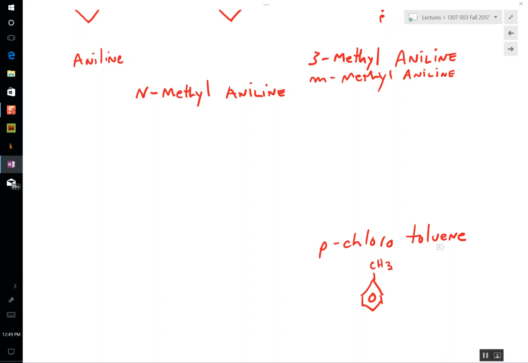Para means there's a chloro group, not a chloride, right there. This is the ortho, meta, para position. It's a little sloppy, but ortho, meta, para positions. Para is completely opposite, the other side of it. That would be 4-chlorotoluene. It has both names.